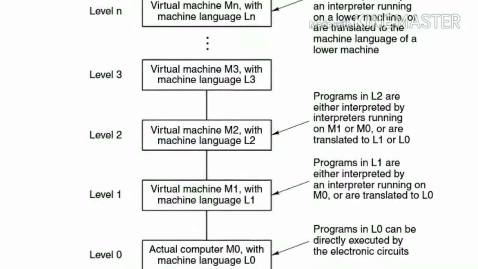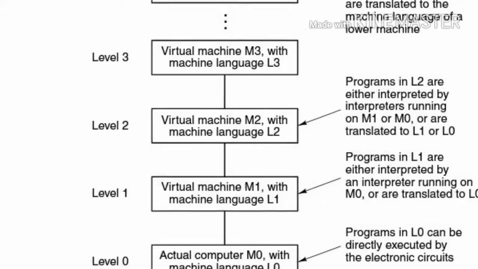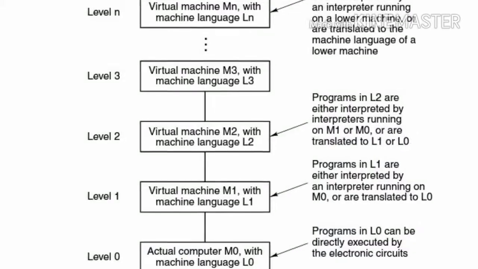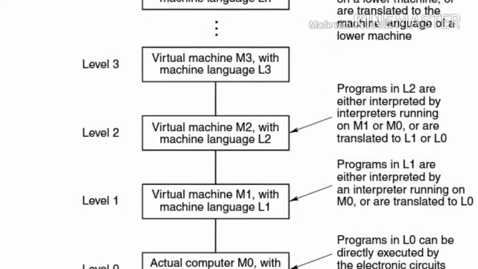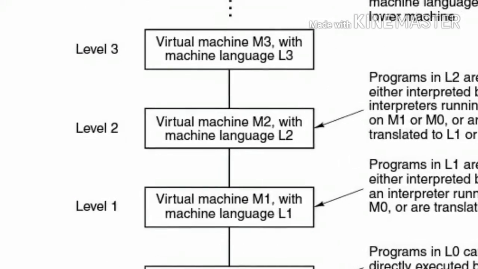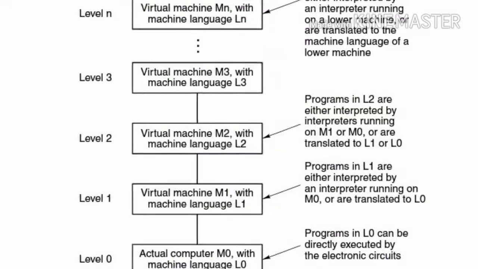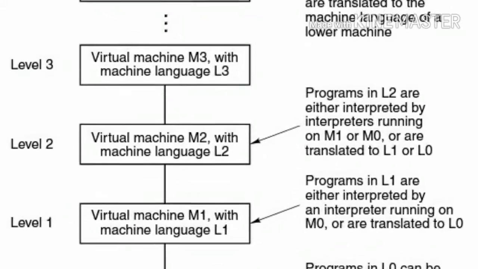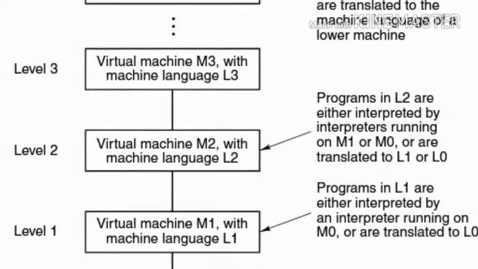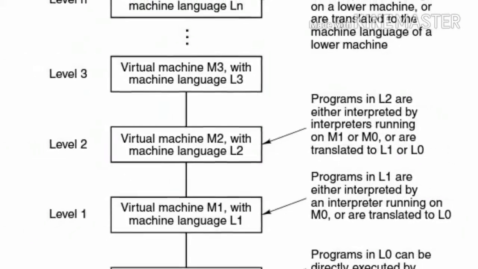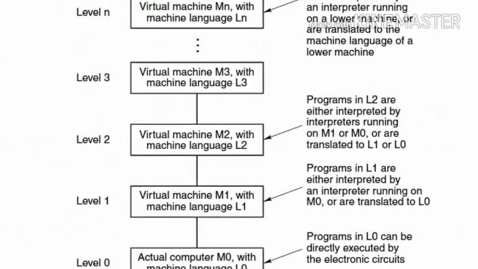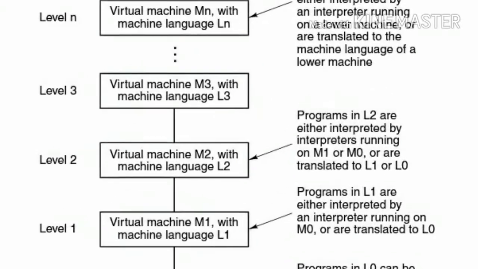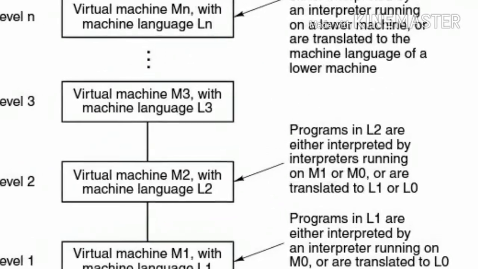Each language uses its predecessor as a basis, so we may view a computer using this technique as a series of layers or levels, one on top of another, as shown in the figure. The bottommost language or level is the simplest and the topmost language or level is the most sophisticated. There is an important relationship between a language and a virtual machine.